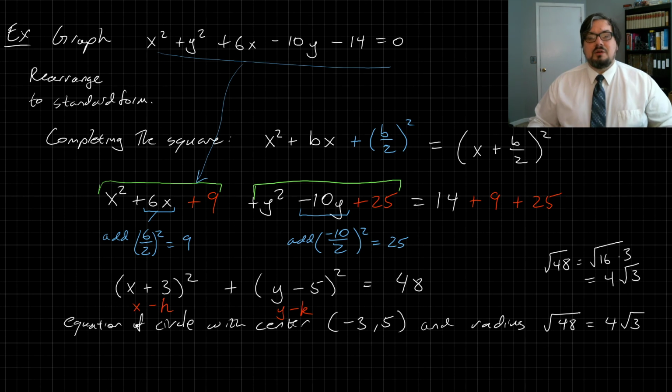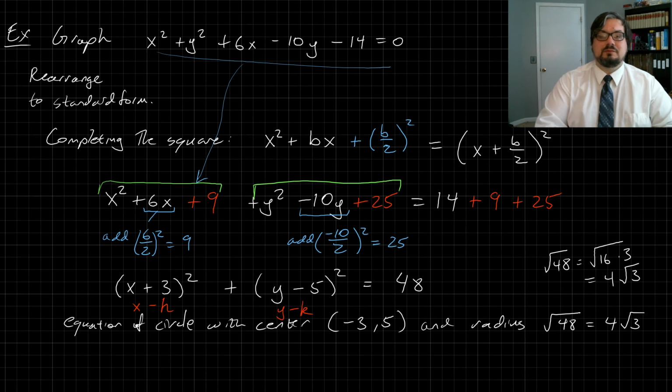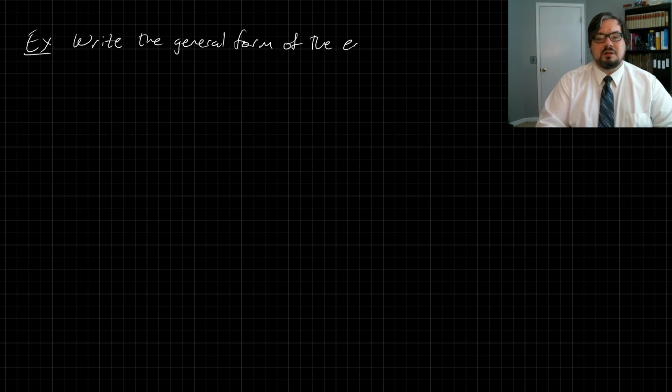All right, so the last example I want to do has us doing a little bit of work before we actually can write down the equation. Let's write the general form of the equation of a line, of a circle, rather.